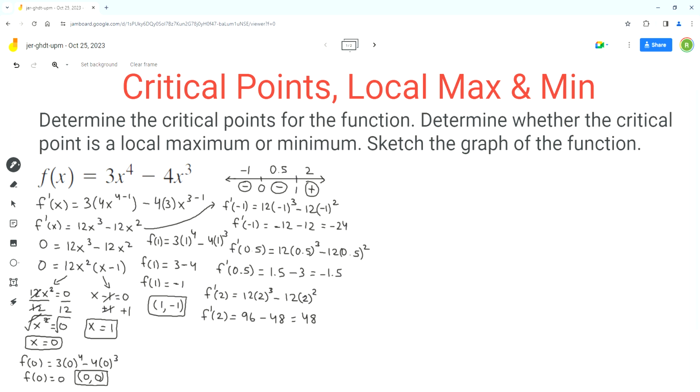So as we go from left to right, the function keeps on decreasing at both sides of x equals 0. So that means the critical point 0, 0 is neither a local maximum nor a minimum.